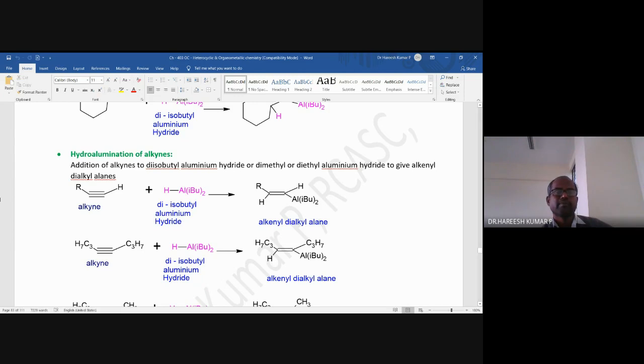Similarly, when it is added to a triple bond, it gives alkenyl dialkyl alane as the product. So this is about today's class.